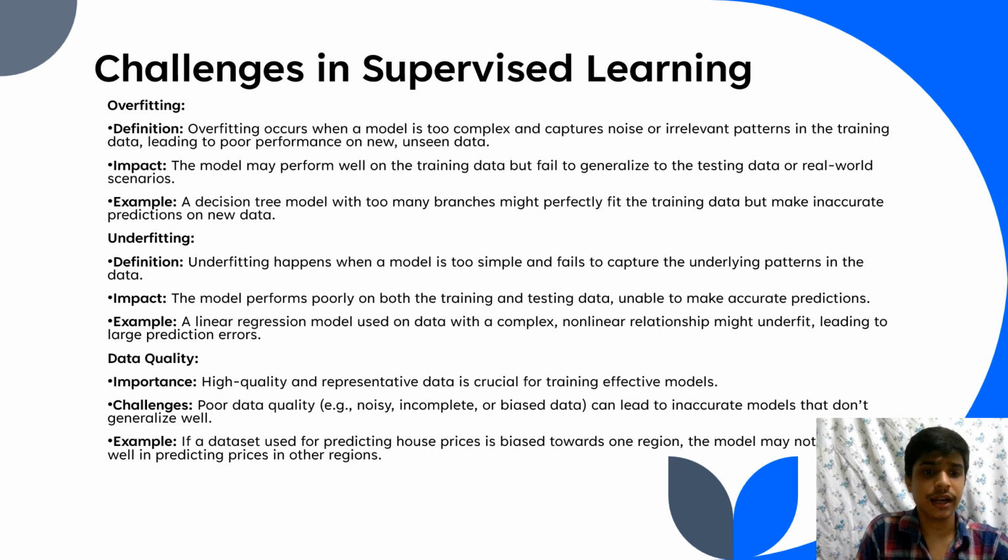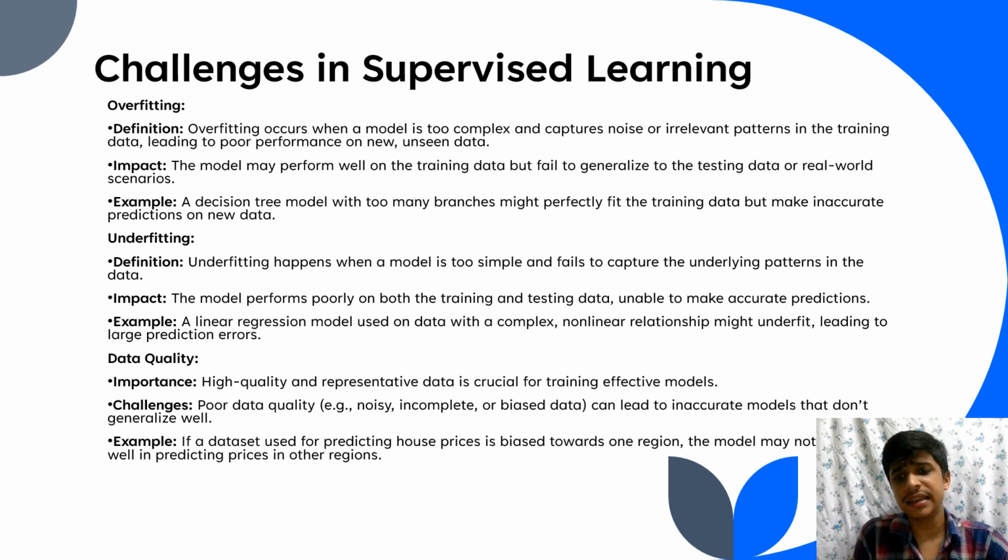Then there is data quality. We must ensure the data quality is high, because high quality data is crucial for training effective models. Poor data quality can lead to inaccurate models that don't generalize well. So that is the main issue.